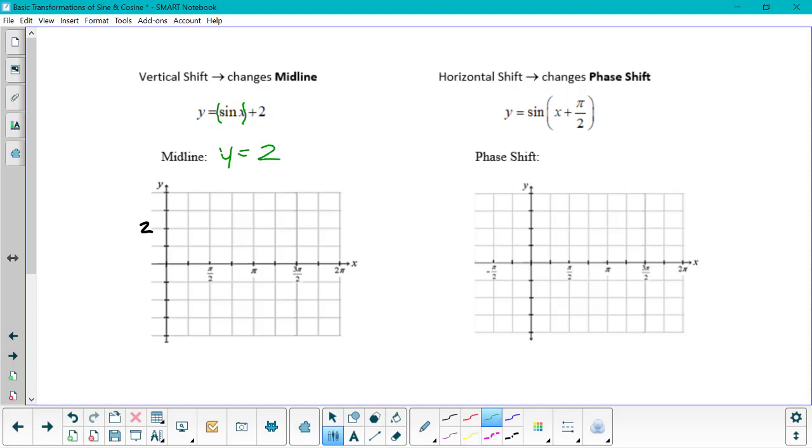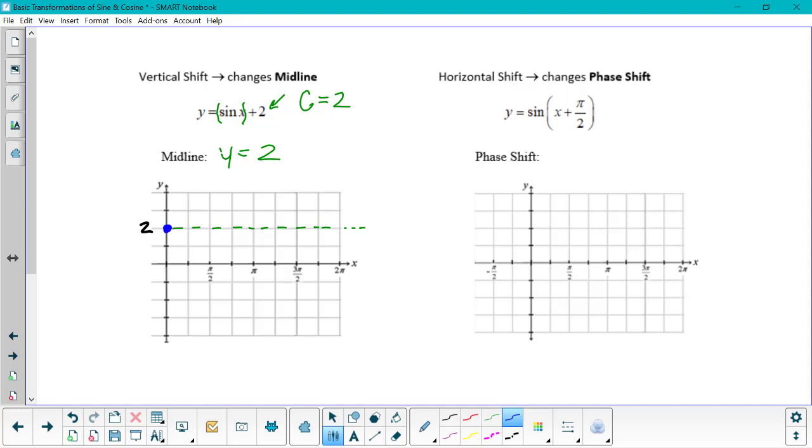Whatever the constant is, that's being added. And we refer to this 2 by the letter C. So C is 2, so the midline is always y equals C. So I can think of this as my x-axis. That's where my beginning, middle, and ending of my cycle will be, those points will be on that midline.